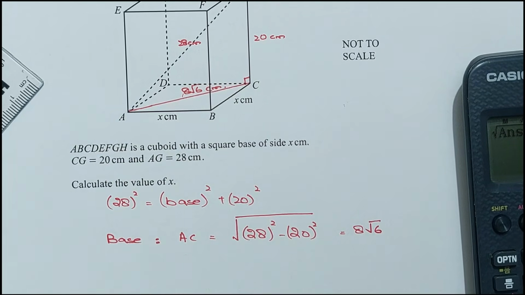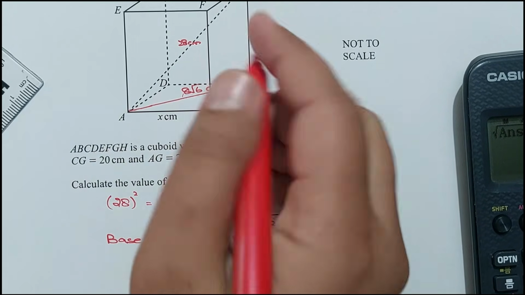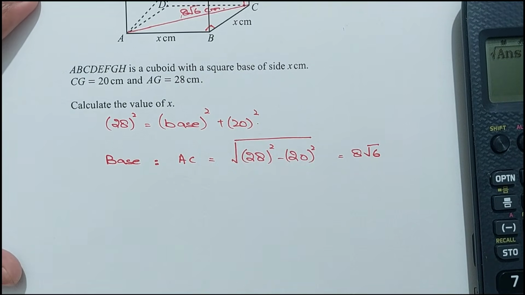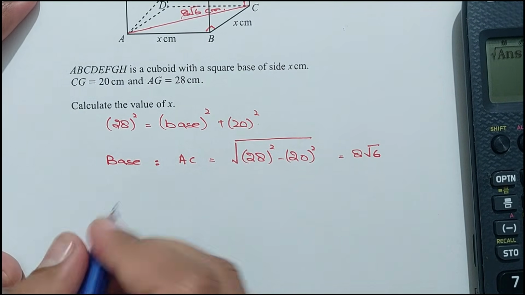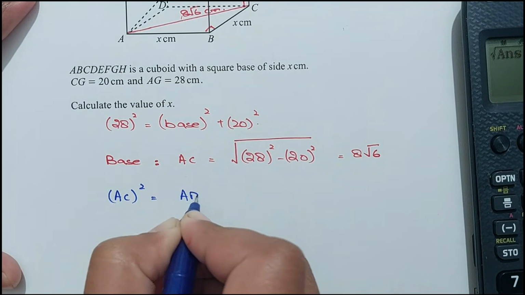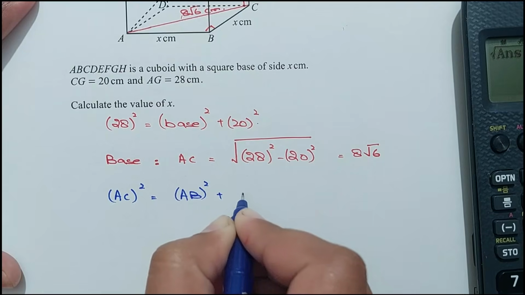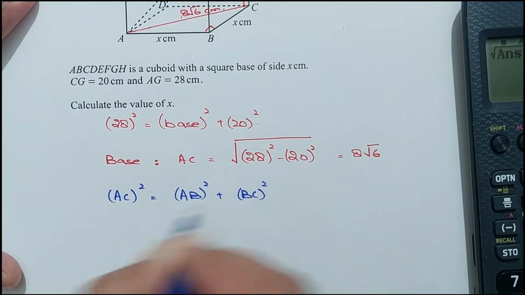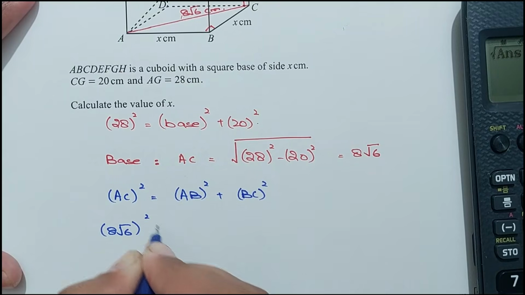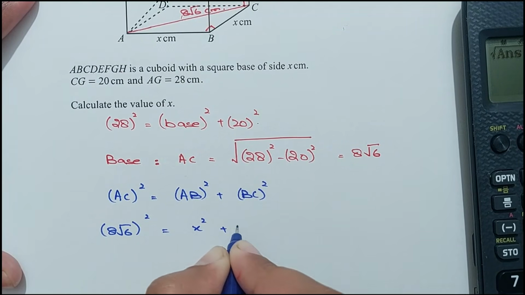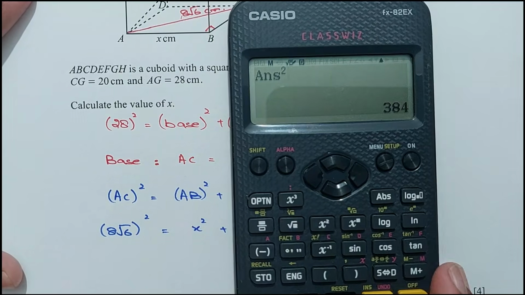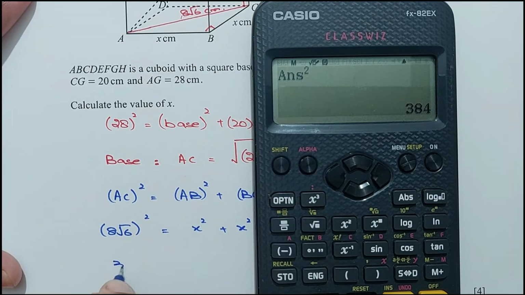centimeters. Now consider the triangle ABC. This is again a right angle triangle. Solving for x, applying the Pythagoras theorem, hypotenuse AC, its square equals AB square plus BC square. So 8 square root of 6, its whole square, equals x square plus x square. This square is 384.